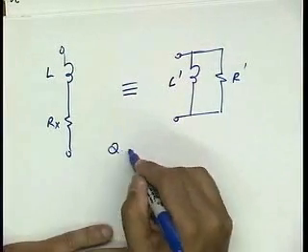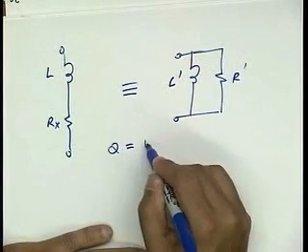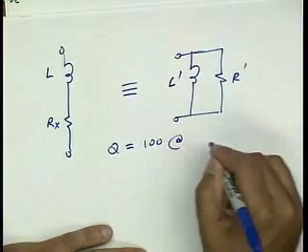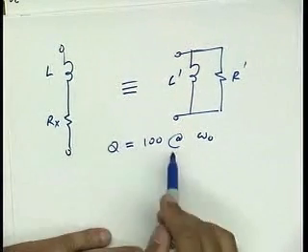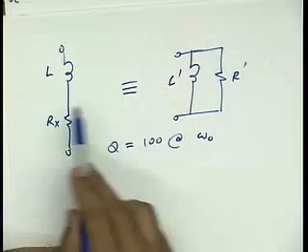And let's say the manufacturer tells you that Q is 100 at some frequency omega naught that you're interested in. Okay, so because this is a large quality factor, I know the reactance will not change.